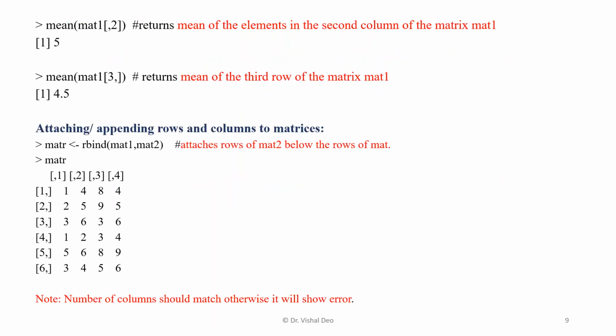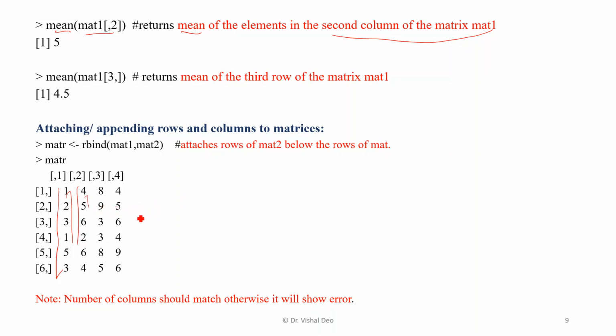And again, how to use indexing for applying certain functions on specific columns or rows. So suppose we want to apply the function mean only on the second column of the matrix. As I said, we can have matrices for arranging data, like the first column gives you the marks in mathematics, the second column gives you the marks in statistics, and so on.